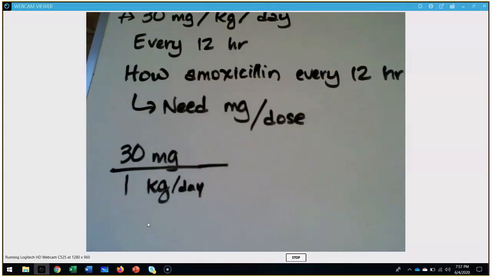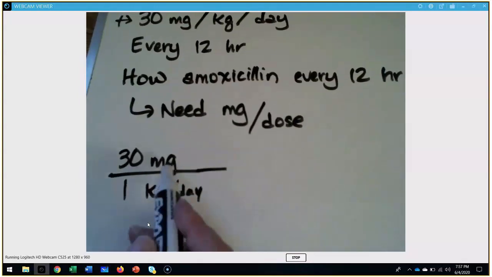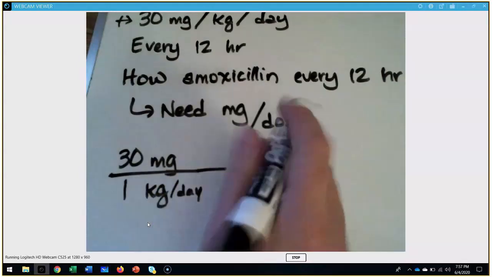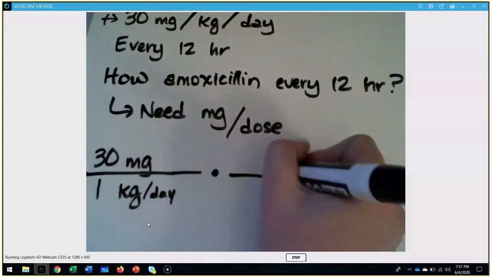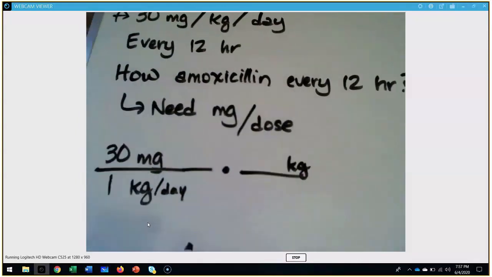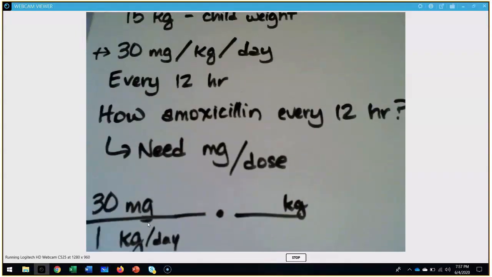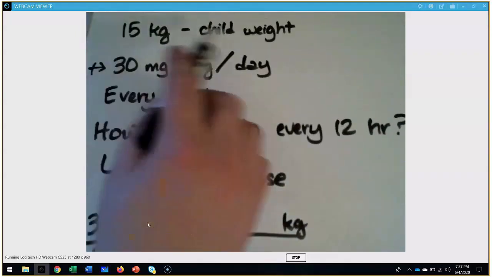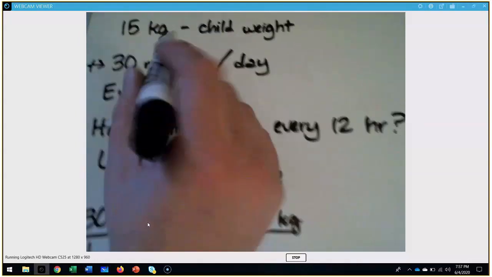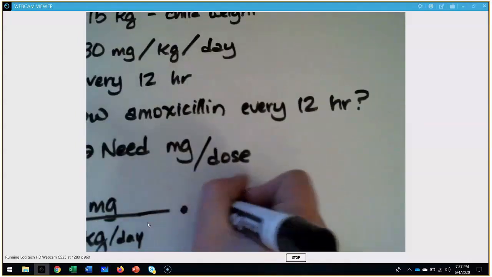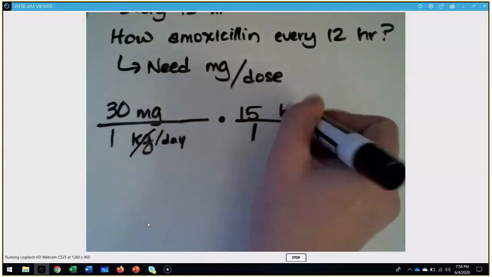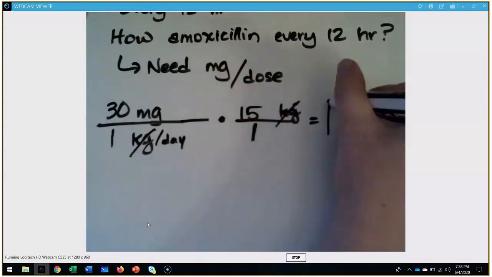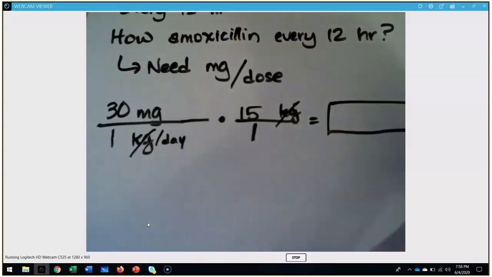Okay, now I need this to be milligrams. I'm going to have to cancel the kilograms with something. In order to do that, kilograms has to come up here. Let's see what I got. I got the child's weight. So 15 kilograms can go over 1 so that the kilograms will cancel, and I'll be left with some kind of answer that'll be in milligrams per day.